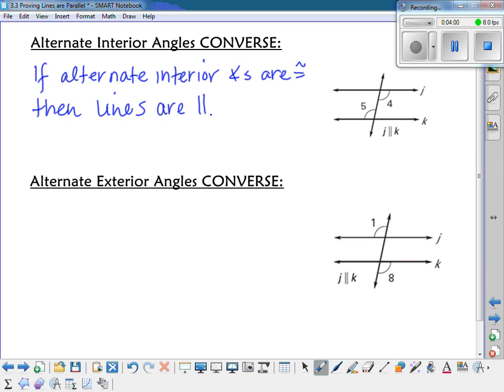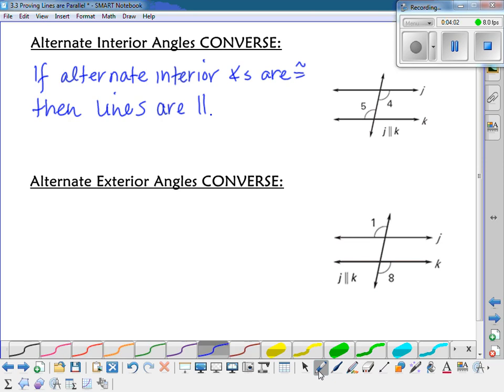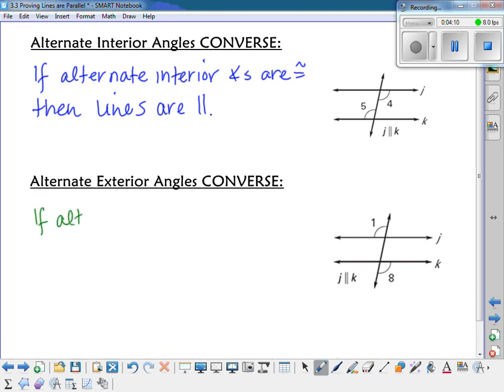And the alternate exterior converse is almost identical, just one word different. If alternate exterior angles are congruent, then lines are parallel.